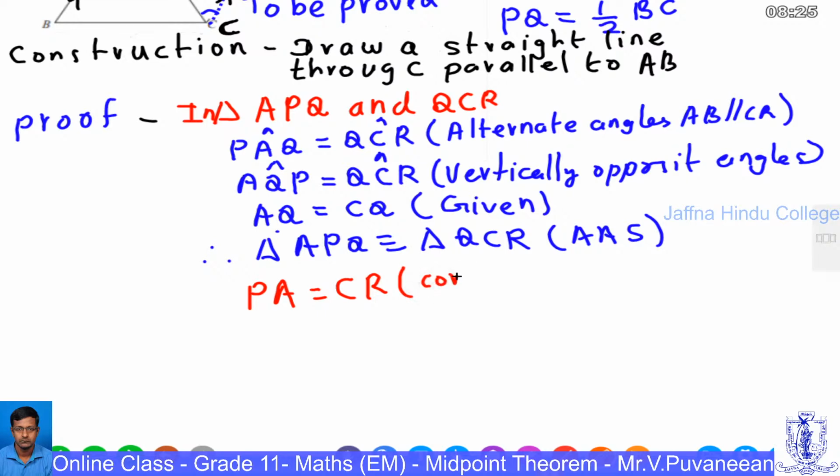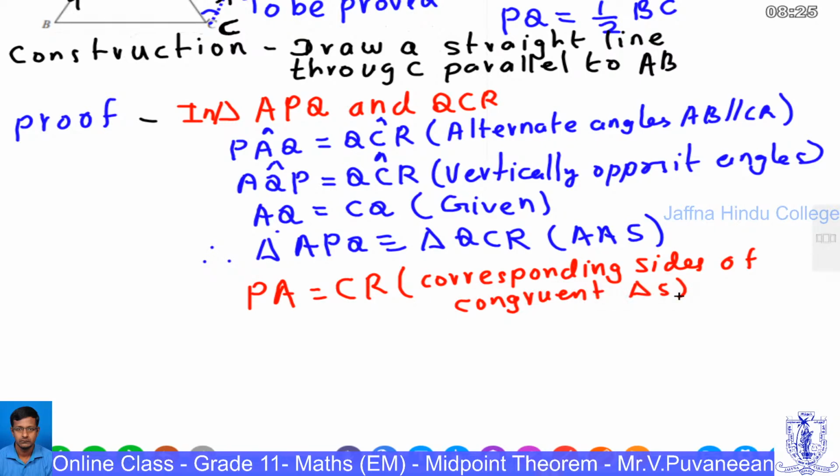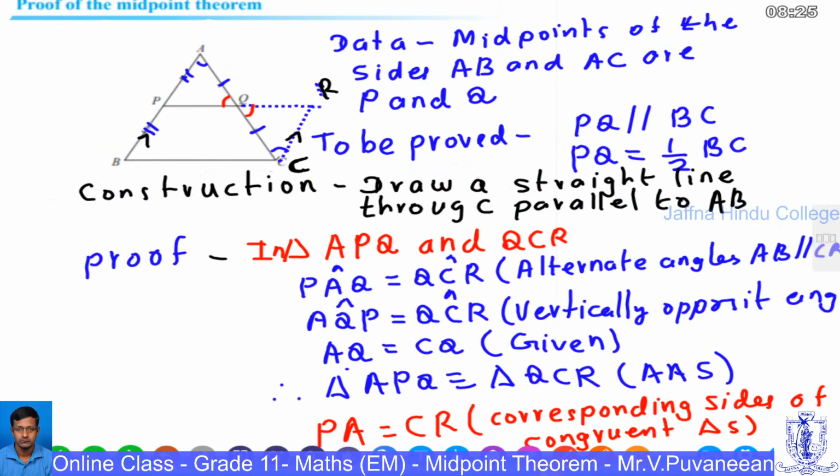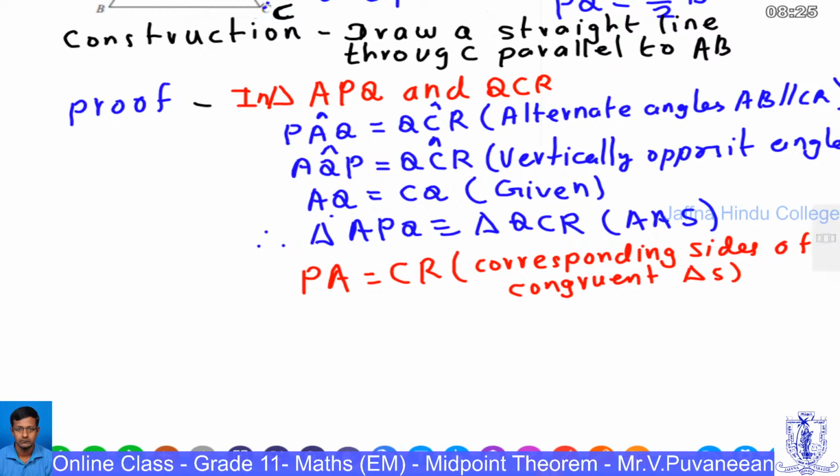Corresponding sides of congruent triangles, and already given that PA equal PB, because the data is given that P is the midpoint of AB, so PA equal PB, given.